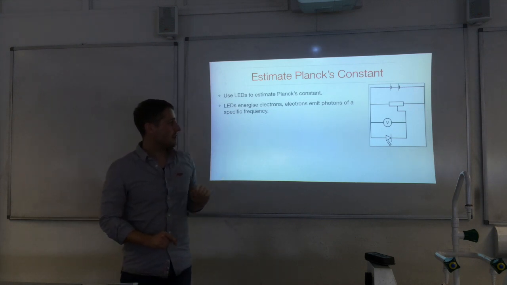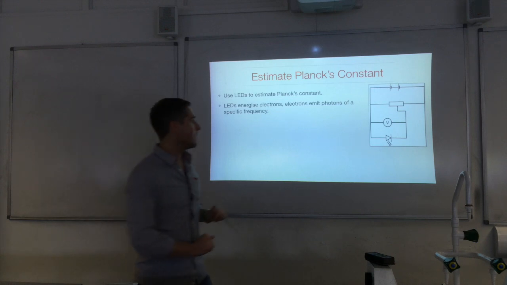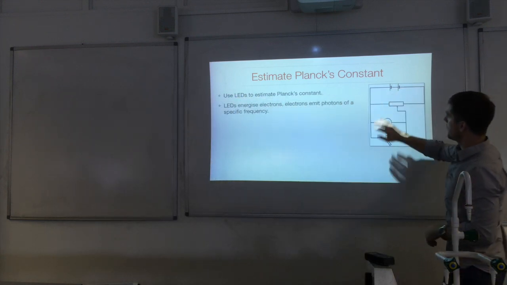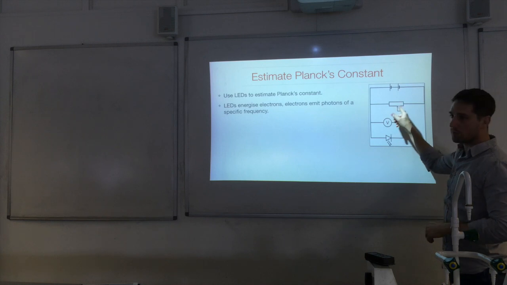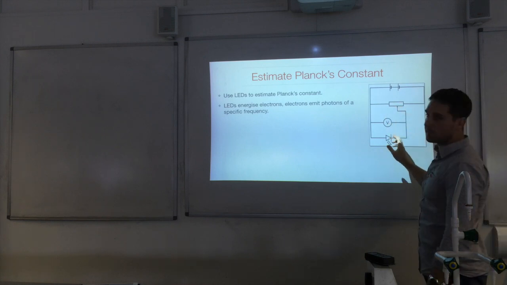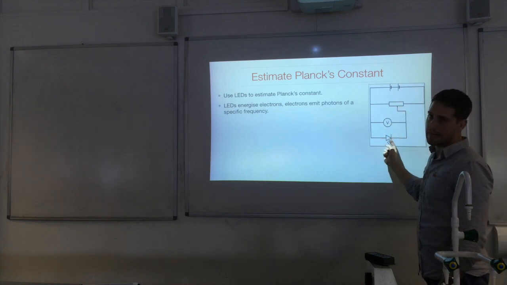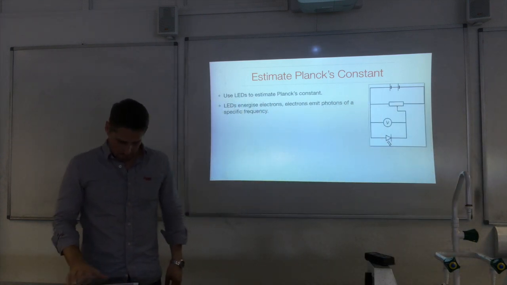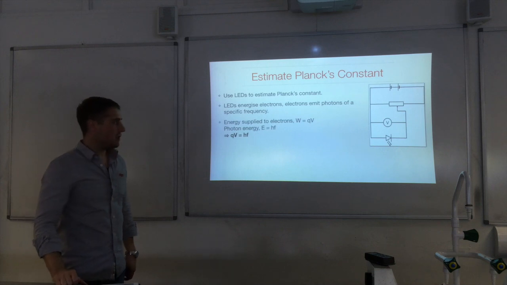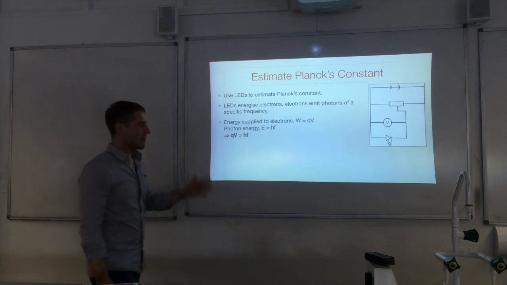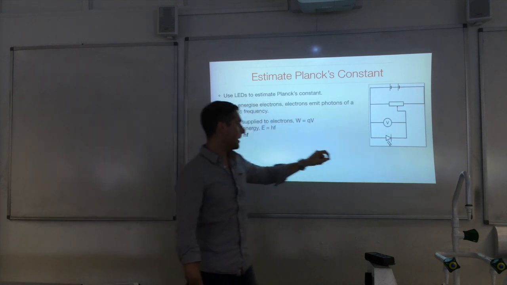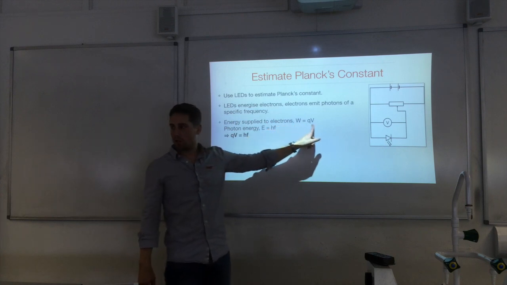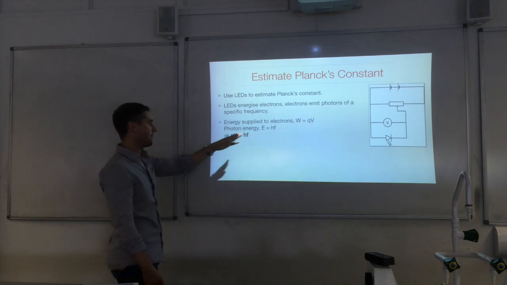So there's our experimental setup here. We've got a voltage supply, and we've got a variable resistor here, which will enable me to vary the potential difference across my LED here. Now the energy that's supplied to the electrons as they move through the LED, we're using the same equation that we just looked at, W equals QV.